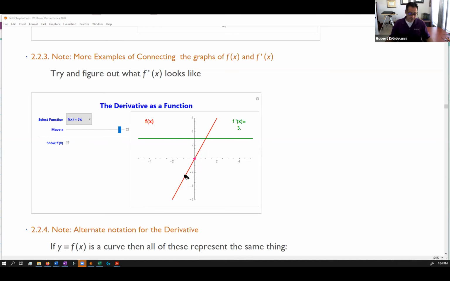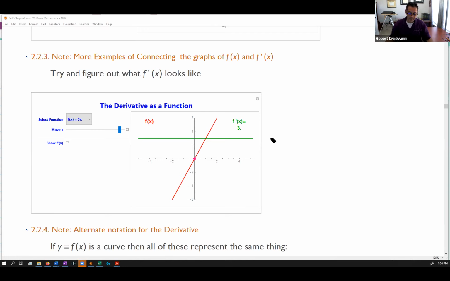On this function, the derivative is always positive. So we should expect that when we graph the derivative, it should always be above the x-axis, which it is. But more than that, the slope of the tangent line at all these points is the same. So not only should the graph of the derivative be above the x-axis, it should always be the same value, which is why it's constant.